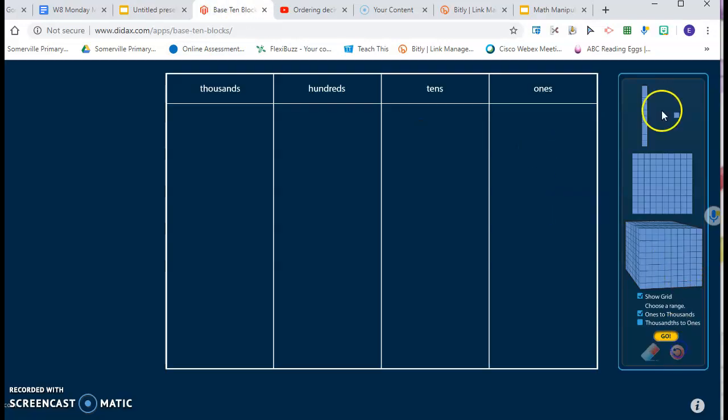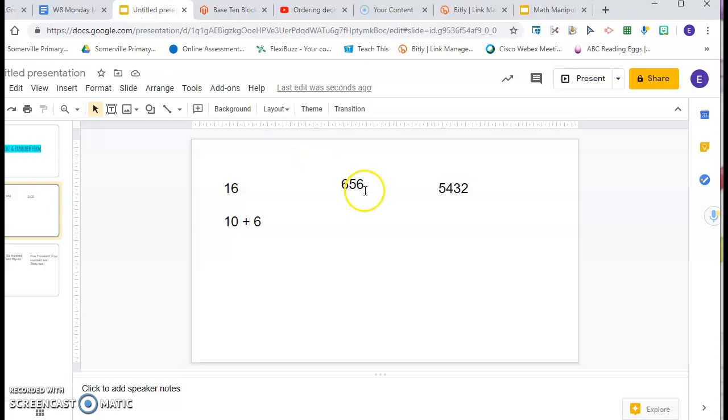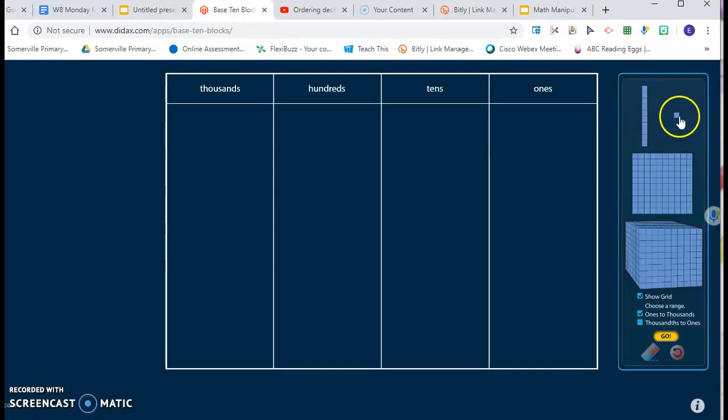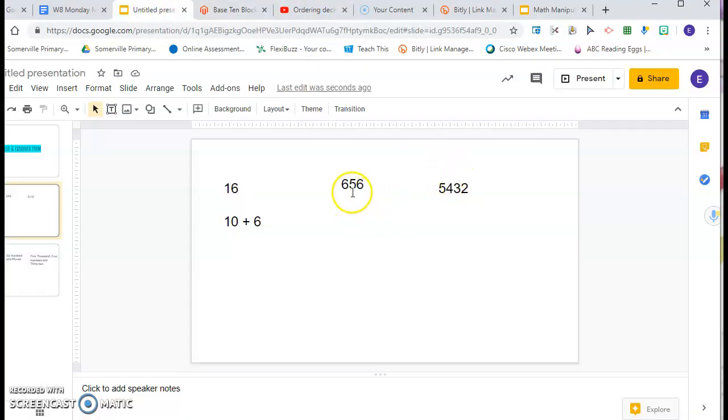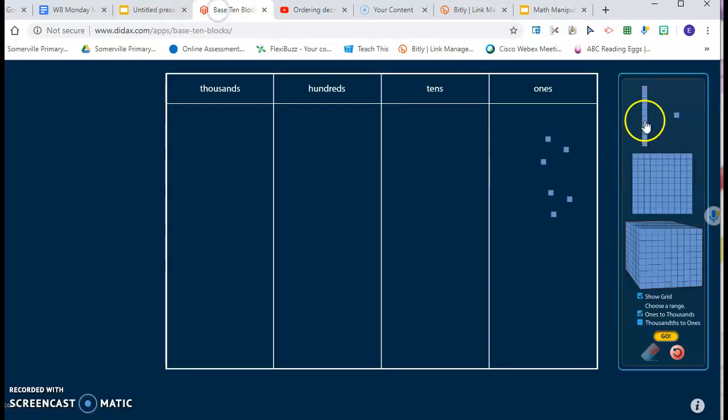So we're now going to have a look at 656. We're going to look at our ones column again. So we've got 6 ones, and we've got our 5 tens.